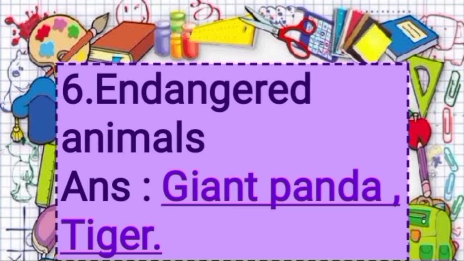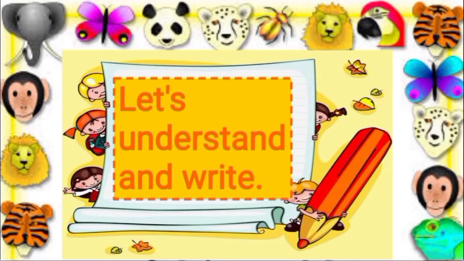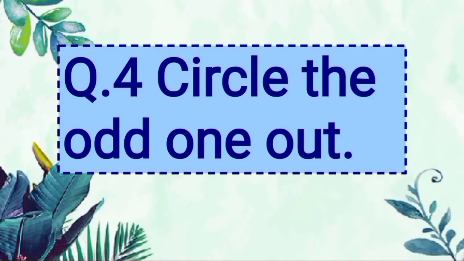So as you know, despite a lot of adaptation, lives of several animals are in danger because of the destructive activities of humans. So animals such as giant panda and tiger are in danger of becoming extinct and they are called endangered animals.